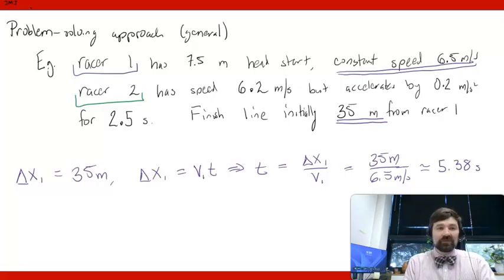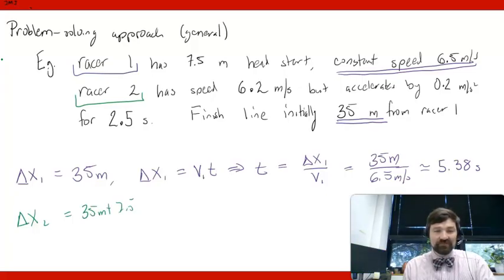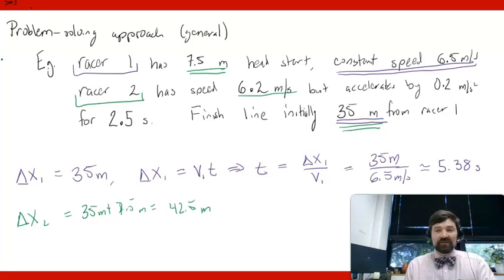Okay, what about runner number 2? What does runner number 2 see? Well, delta x2 is not 35 meters, but rather 35 plus 7.5, so that is 35 meters plus 7.5 meters, or in other words, 42.5 meters. So in some sense, we've got to underline both these things for runner 2. We're also told that he has an initial speed and then an acceleration for some amount of time.